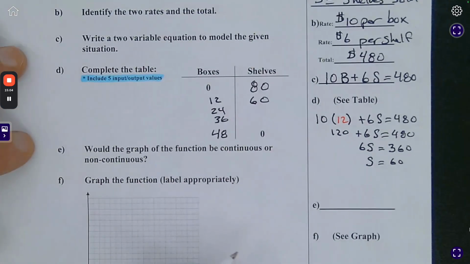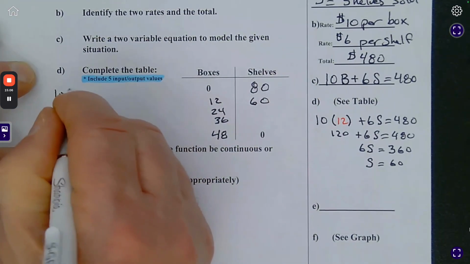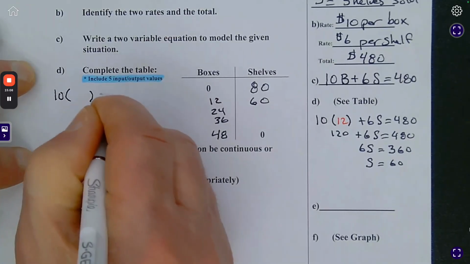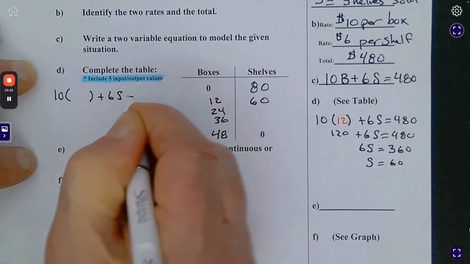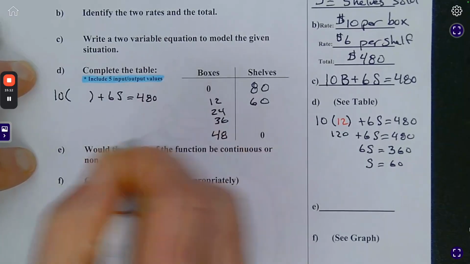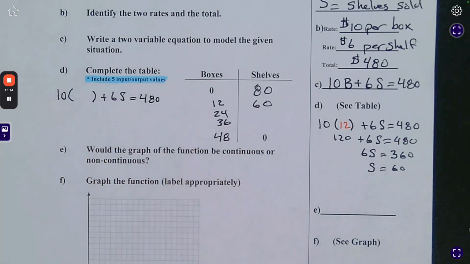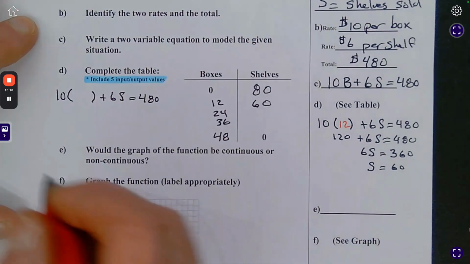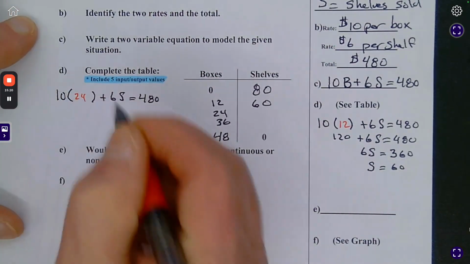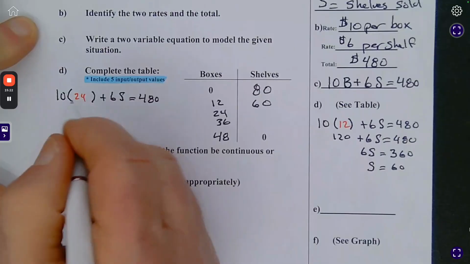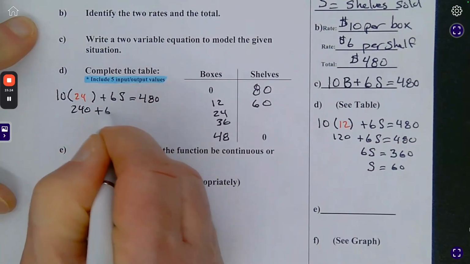Now I'm going to do the same thing, but let B be 24. Notice how picking multiples of 6 to input for the boxes was very helpful. It means all of my answers are going to be non-decimals. So I'm going to put a 24 there. That gives me 240.